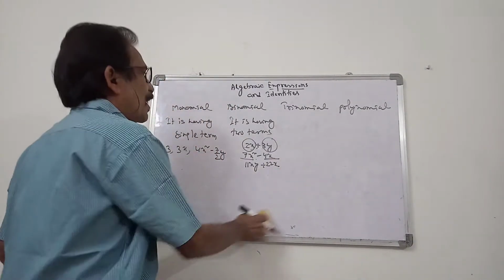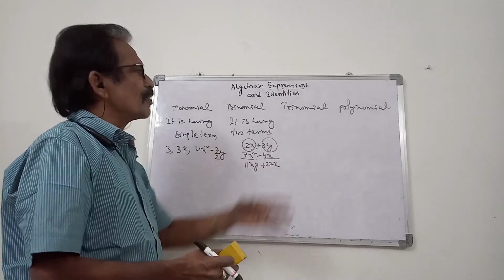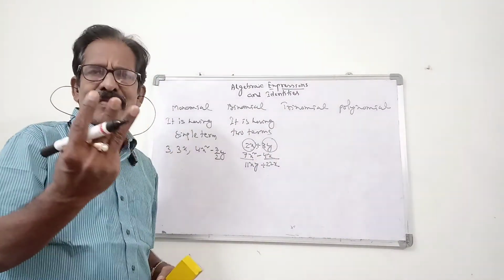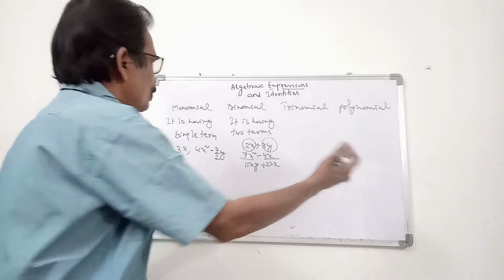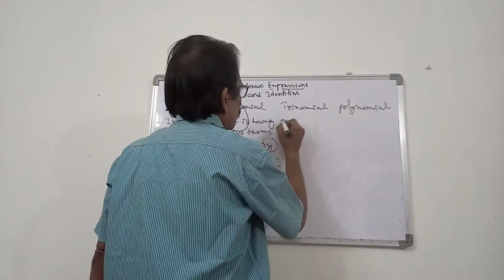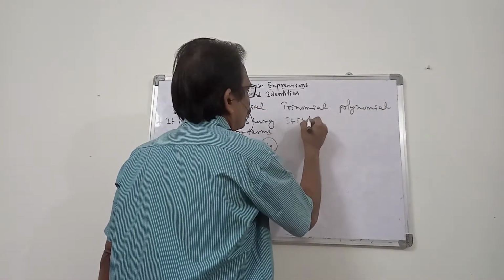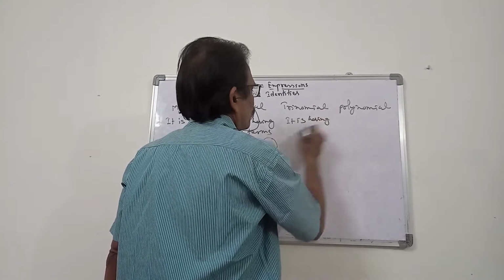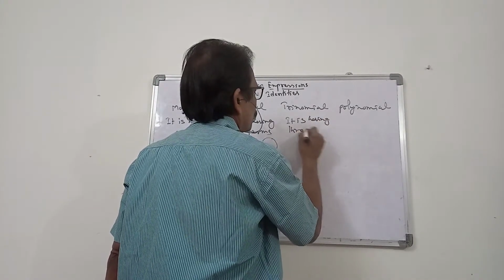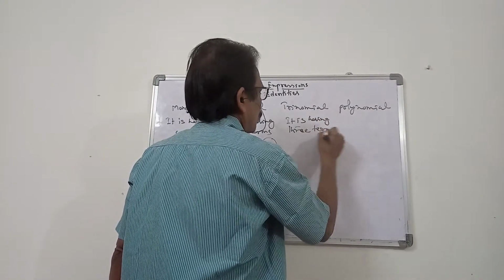Similarly, trinomial. From this you can understand what a trinomial is: tri means three, so it has three terms.